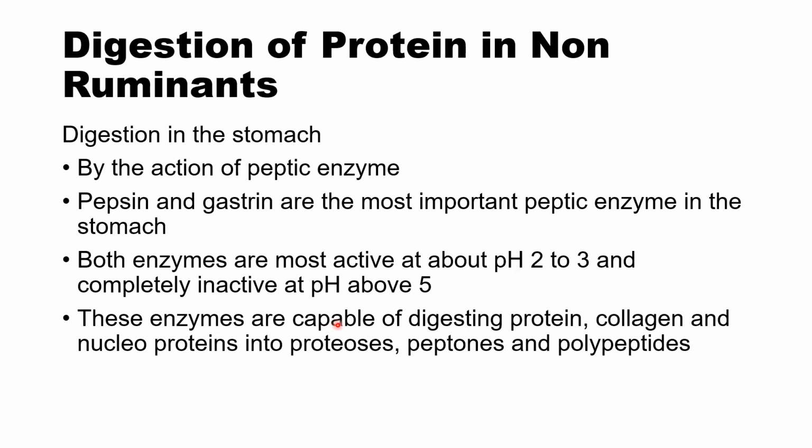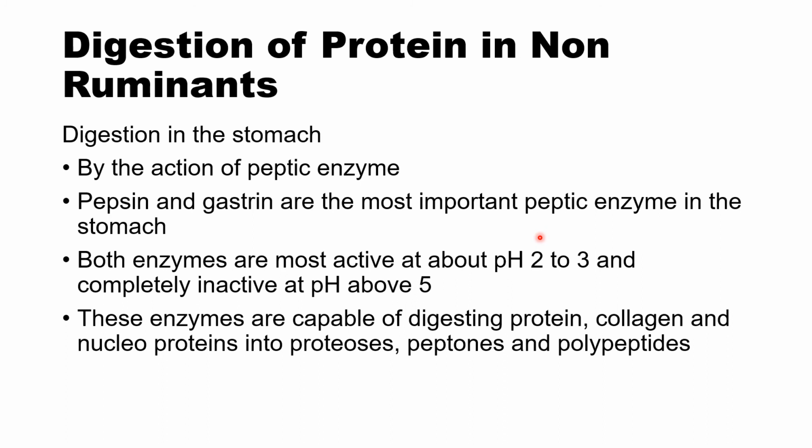So these enzymes are capable of digesting protein, collagen, and nucleoproteins into proteases, peptones, and polypeptides. So yun. So, ang responsable kung bakit nagiging acidic yung stomach is the gastric gland na tinatawag natin, which will secrete yung hydrochloric acid.